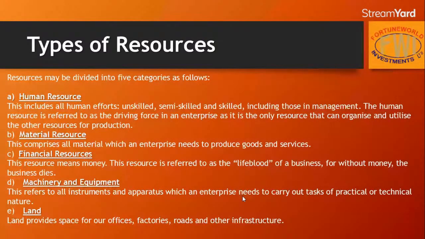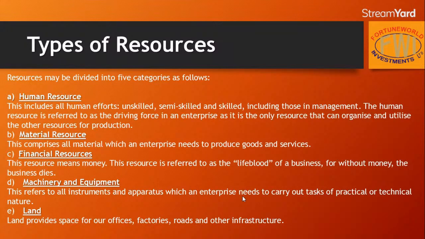You don't do roads in the air. So you are on the land. So you must have land in the first instance. And actually, other infrastructure are all put on land. A farmer will need land. So you must have that land as a type of resource. Very important.